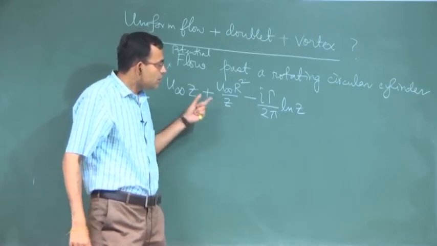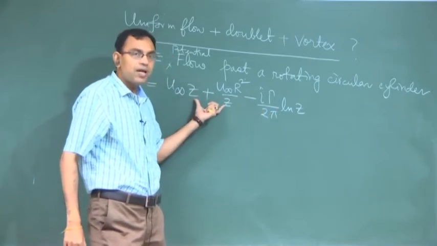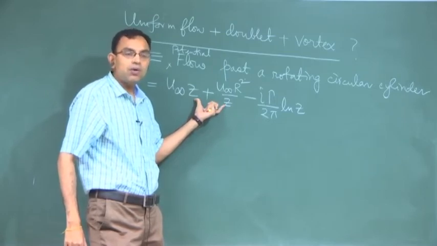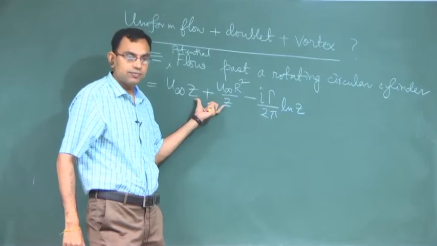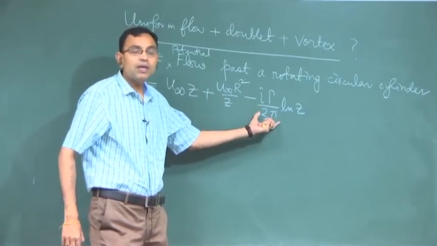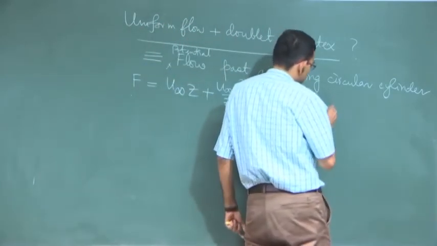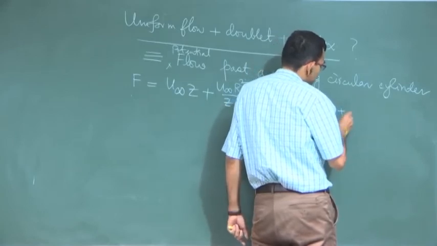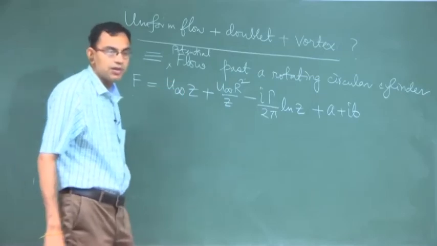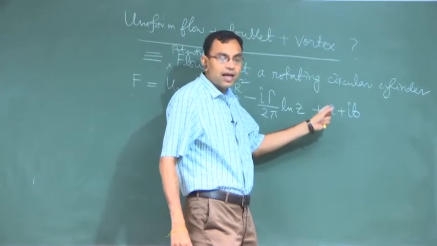Now, with the introduction of this, up to this we had already ensured that there is no penetration boundary condition at the surface of the cylinder. With the introduction of this, that is no more assured. So, we can assure this by adding a constant, say A plus IB, to the expression of the complex potential, because in that case we can choose A and B as per our freedom.